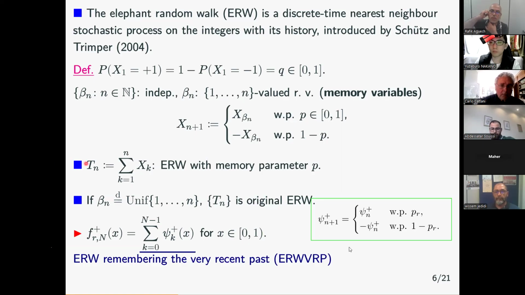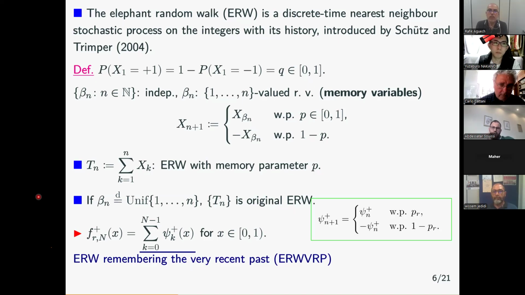The sequence Xn is not Markovian. Xn plus 1 depends only on Xn and not on all the past in this talk. Yes, in this talk. But the previous depends on beta n. But beta n can be 1, 2, 3, and it does not just depend on yesterday.